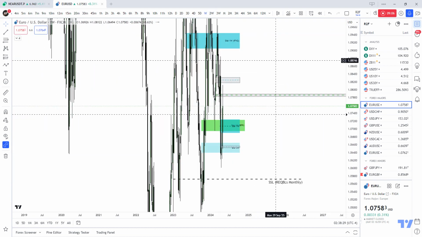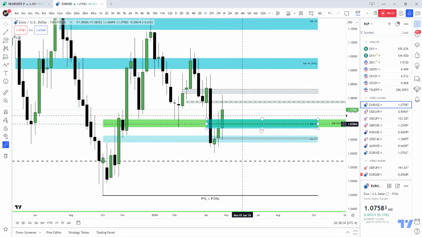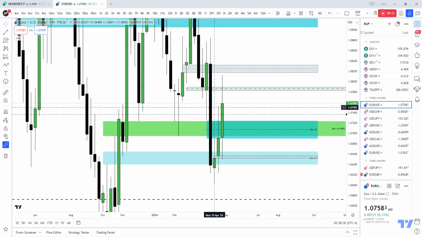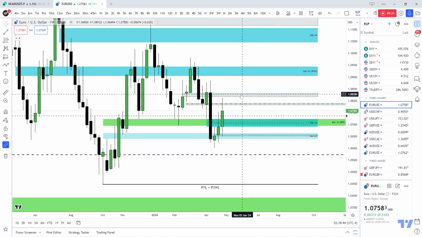Let me go to the higher time frames quickly. Yeah. So there's a SIBI here, and the weekly candle close is quite a bit above it. So that is what's leading me to think that we might make one more high. The next week could come into this weekly SIBI, use it as support, and then go higher.